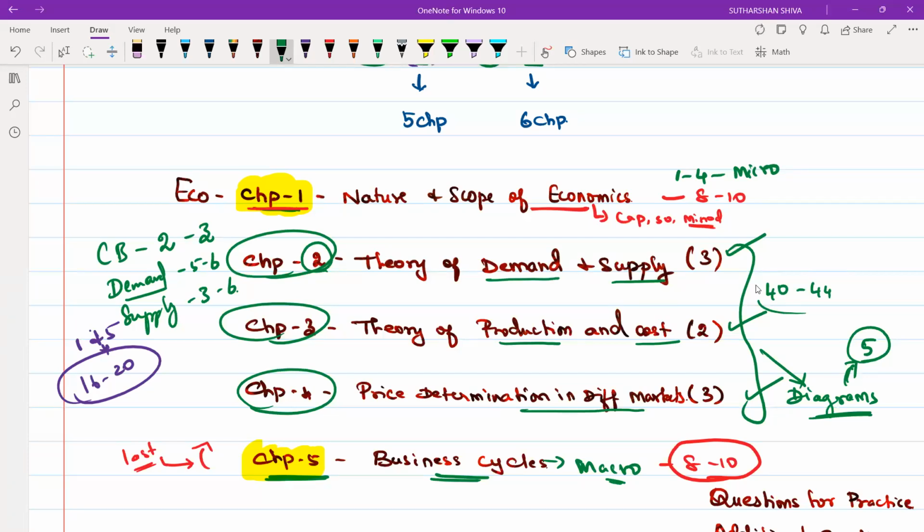If they reduce chapter 1 to 8 marks and chapter 5 to 8 marks, it will come for only 44 marks. If they ask 10 questions, it will only come for 14 marks. So these 3 chapters will decide whether you are going to score 60 plus or not.